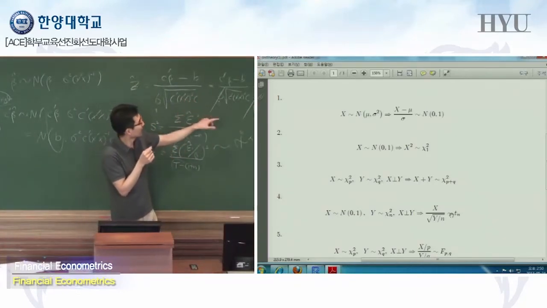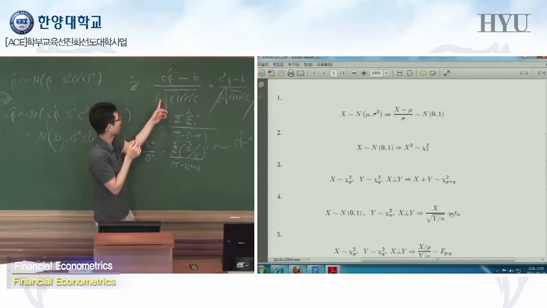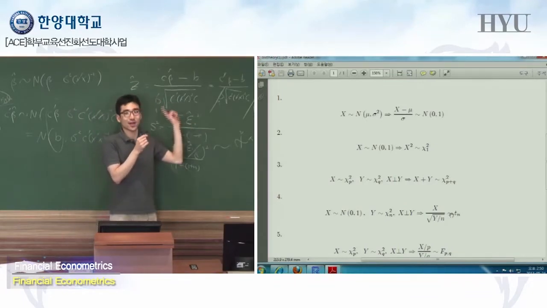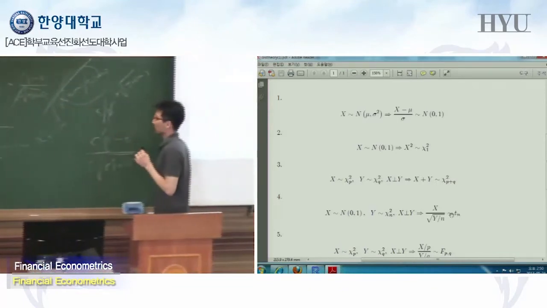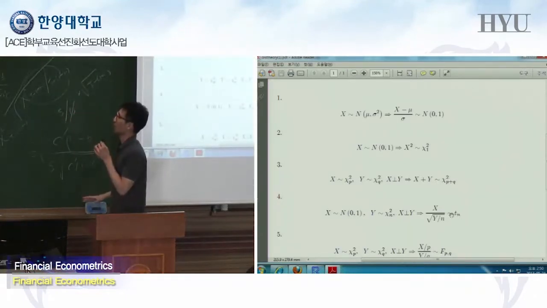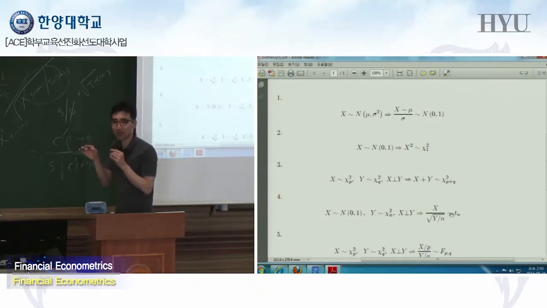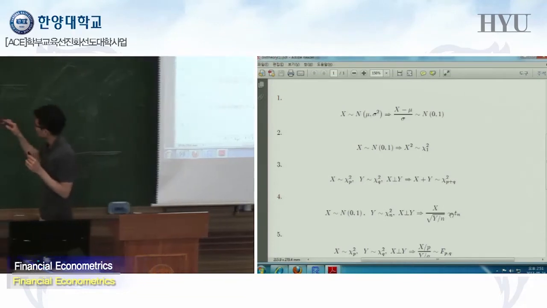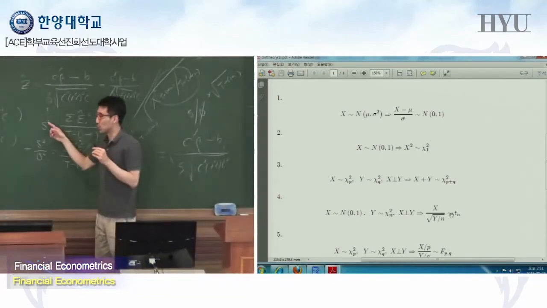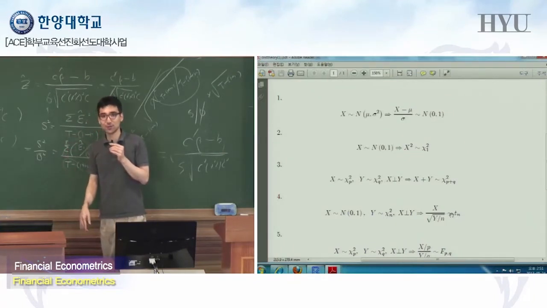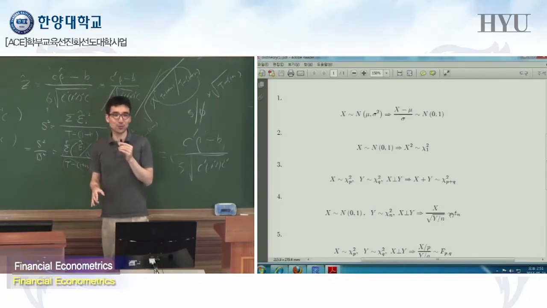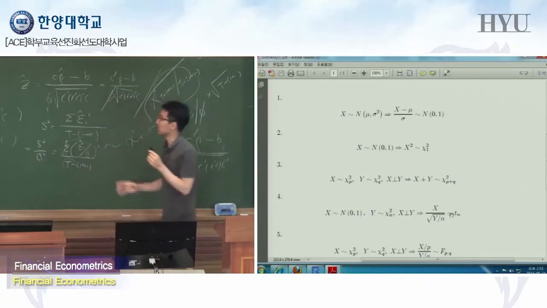In the end, everything cancels each other, so only sigma becomes S. So this one now follows a t distribution with degree of freedom t minus n plus 1. And since we don't use sigma and instead use S, now we know everything, so we can do hypothesis testing. Okay, any question? No? It should be easy, right?